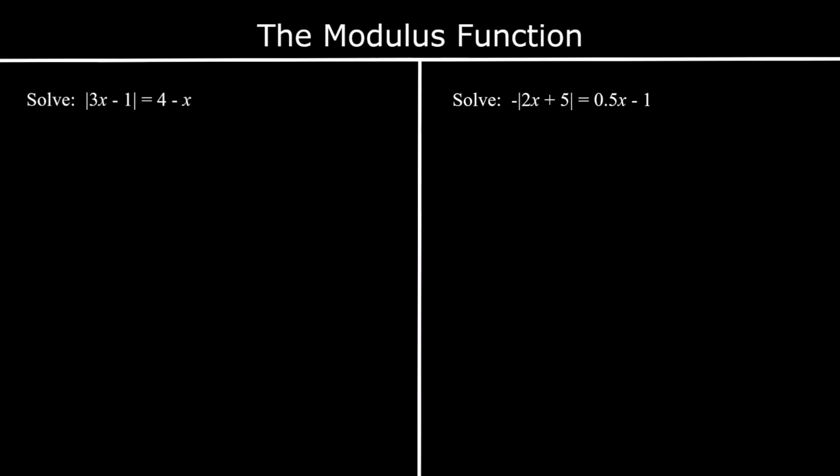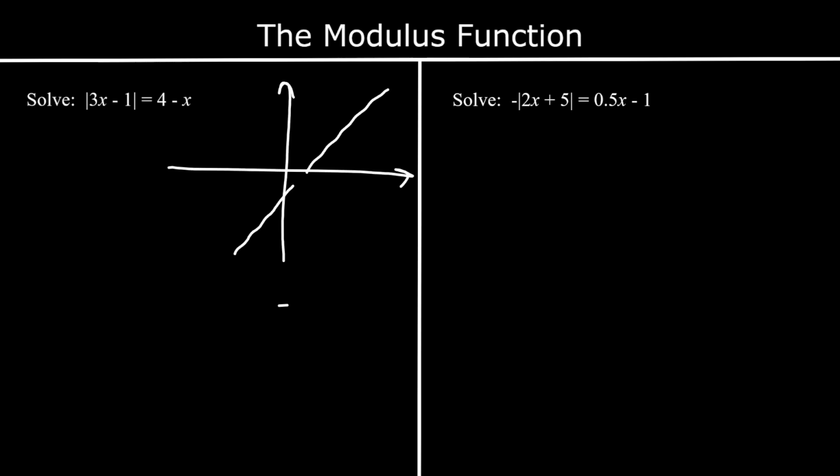Two more equations. We're going to do exactly the same thing. So we're going to get this modulus, I'm going to change it into a positive version and a negative version. And then it's good to check that they work at the end, because in some cases there could only be one solution. There could only be one intersection between the two lines.